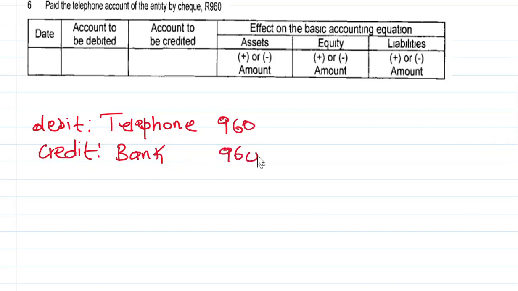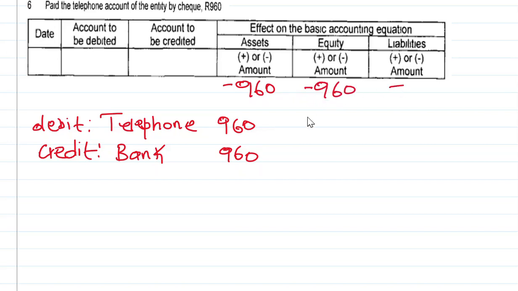Now in our asset and equity table, because this is an expense and this is an asset, under assets we're going to write negative 960. Under equity we are going to write negative 960.